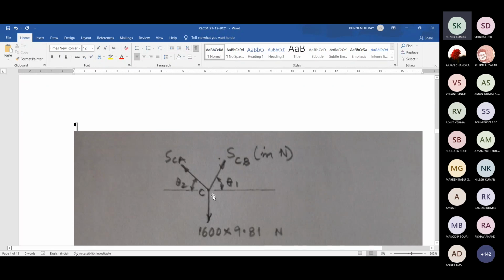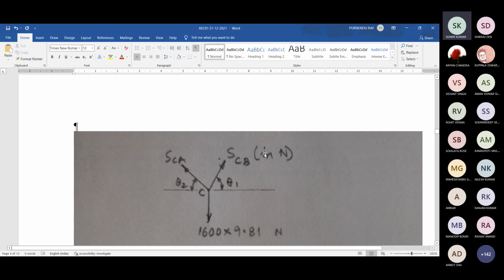We consider the knot C or joint C. Now on this knot, how many forces are acting? First of all, the self weight of that block, 1600 kg multiplied by 9.81, gives this many newtons. Some force is developed along member CB and some force along member CA to hold this weight, 1600 multiplied by 9.81 newton, in its position.